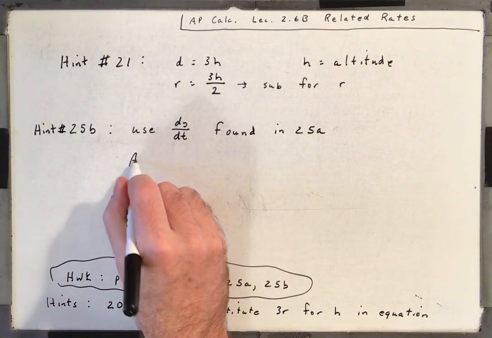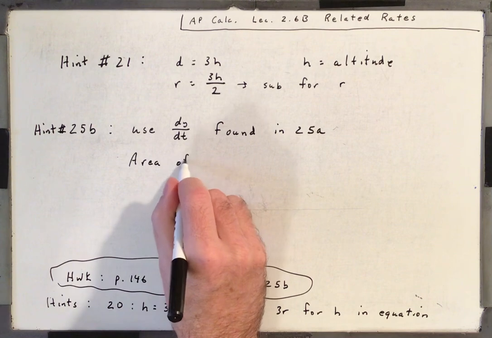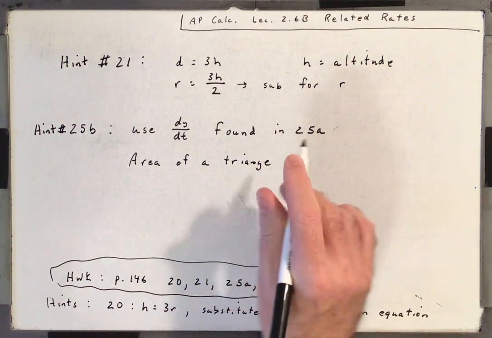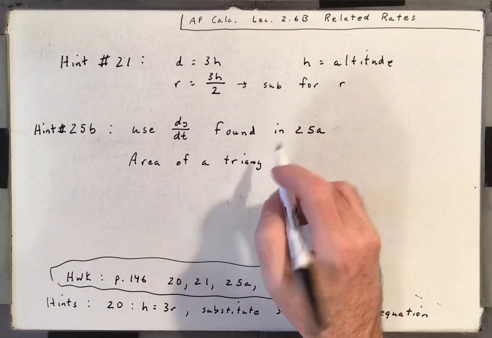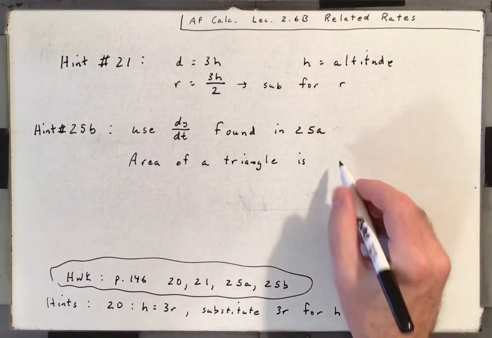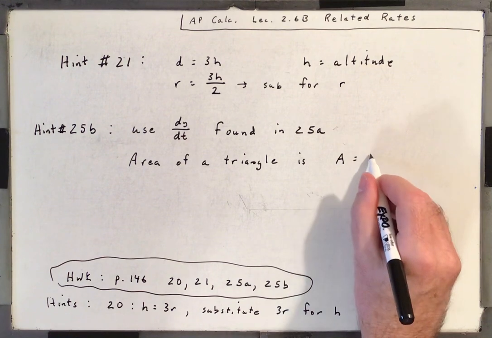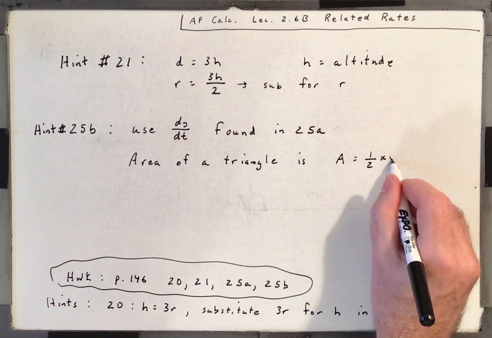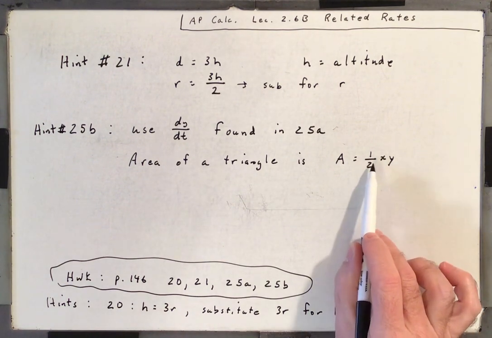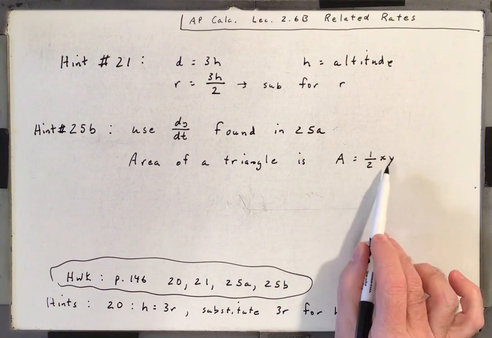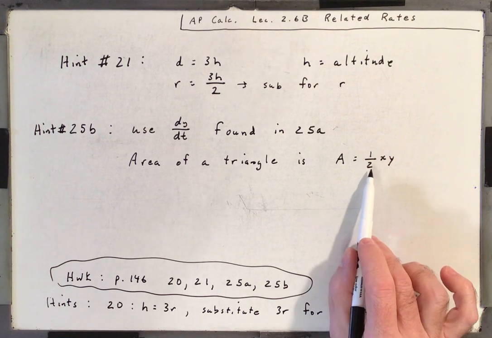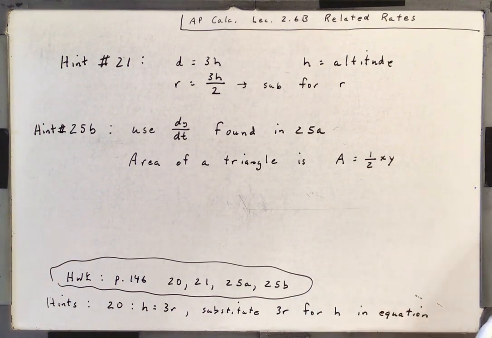And remember, the area of a triangle is 1/2 base times height. So in this case, that'd be 1/2 x times y. Okay, because y is the height and the base is x. Okay, so 1/2 xy. So you'll need to use that for your related equation and then take the derivative of that with respect to time.